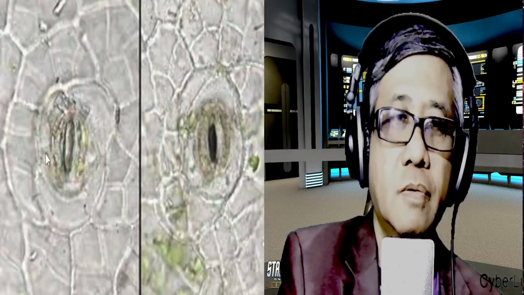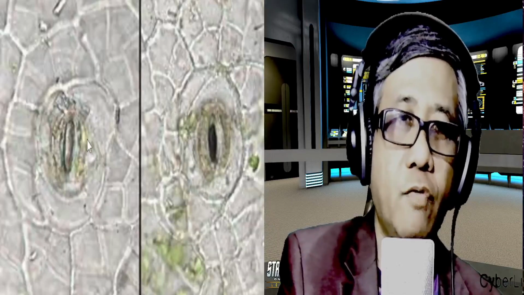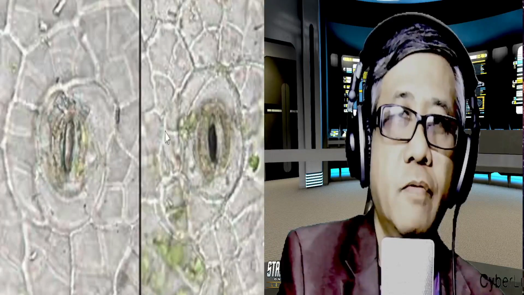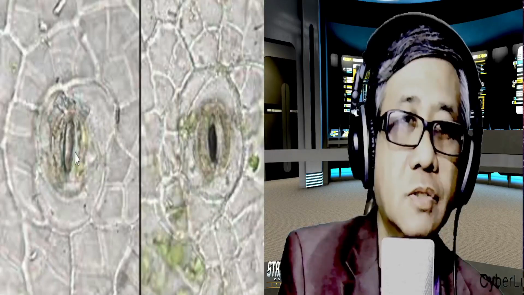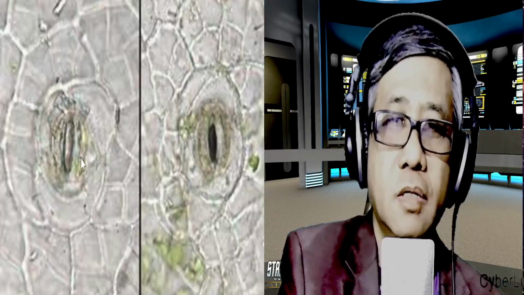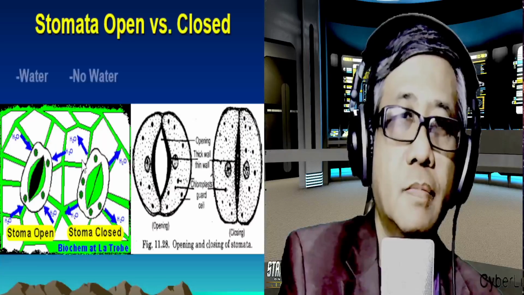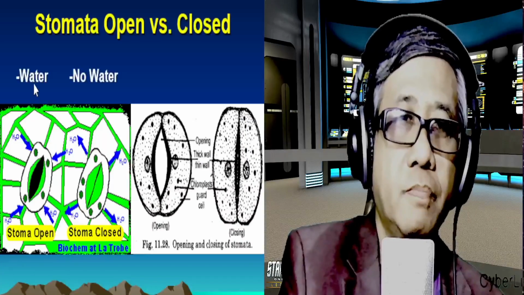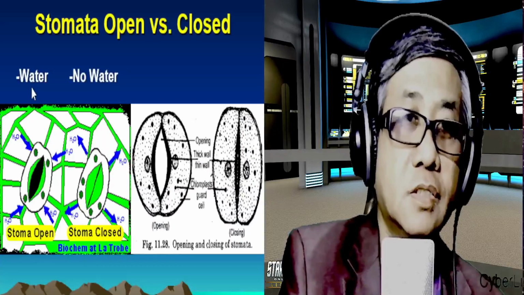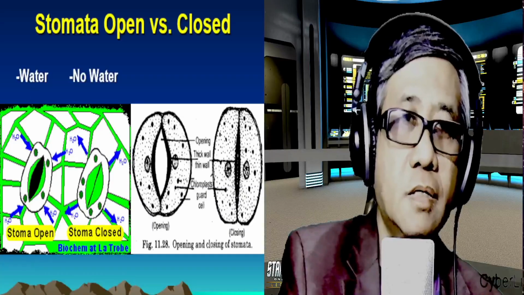Everybody, can you take a look at this photo micrograph of the stomata that is closed, and the other one, where the stomata is open. So water escapes through the stomata.